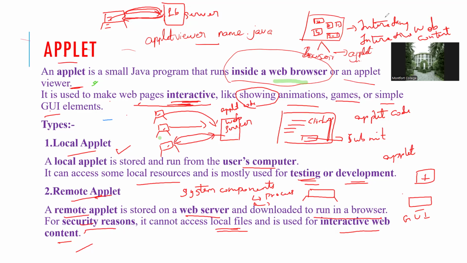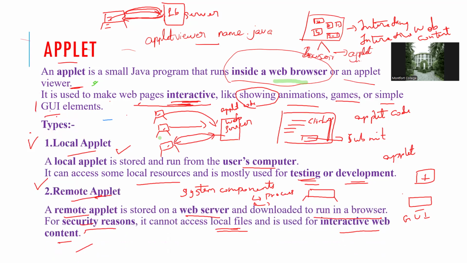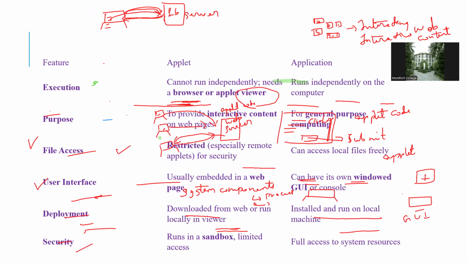Now, we have seen about the types of applets, local applet and remote applet. Next, we will move on to the next slide. Let me clear the screen quickly.